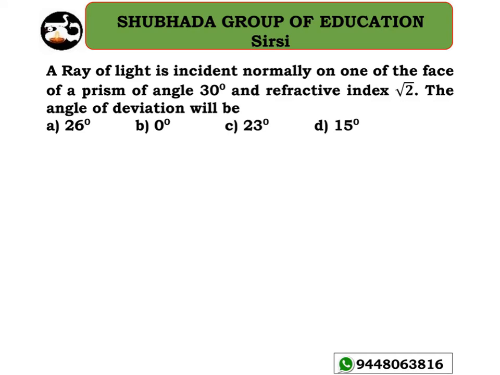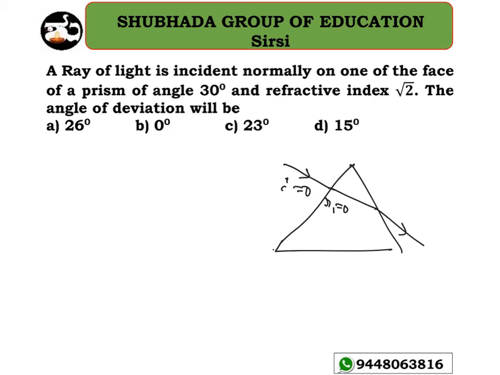A ray of light incident normally on one of the faces of a prism of angle 30 degree and refractive index root 2. The angle of deviation will be? Let me use a ray diagram here. Since it is incident normally, i must be equal to 0, so R1 is going to be 0. R2 is at the emergent surface, the ray emerges at angle E, and this is the deviation delta.